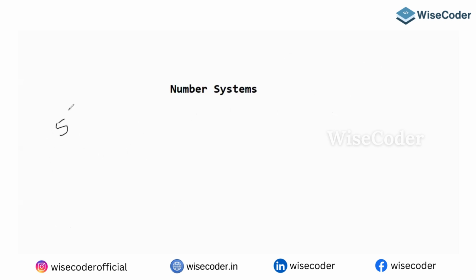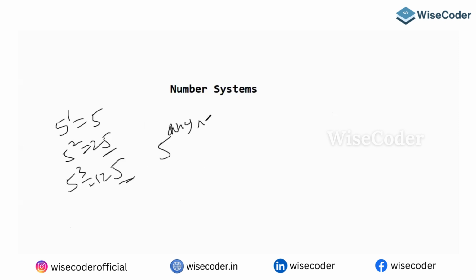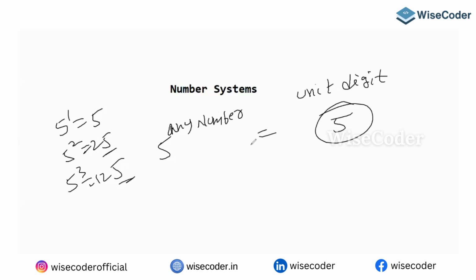Next number is 5. 5 power 1, 5. 5 square, 25, unit digit 5. 5 cube, 125. So 5 power any number will give you as a unit digit 5 only. Is this clear, everybody?